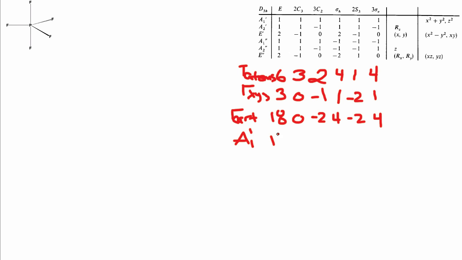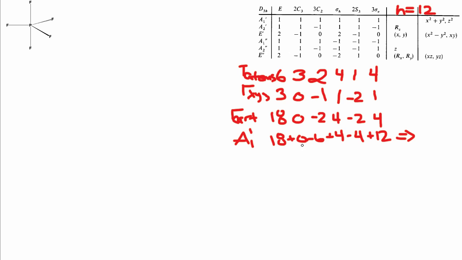And so we'll have 18 plus 0 plus minus 2 times 3 gives us negative 6, plus 4 times 1 gives us 4, minus 2 times 2 gives us minus 4, and then 4 times 3 gives us 12. So if we add all of that up and divide it by the order, and the order in this case for D3h is 12, right? Because we have 1 plus 2 plus 3, and then 1 plus 2 plus 3.